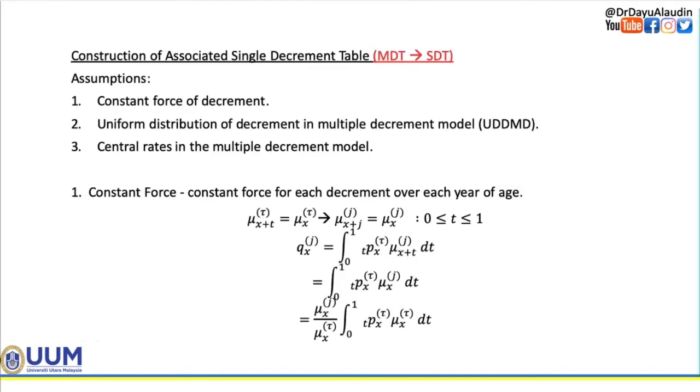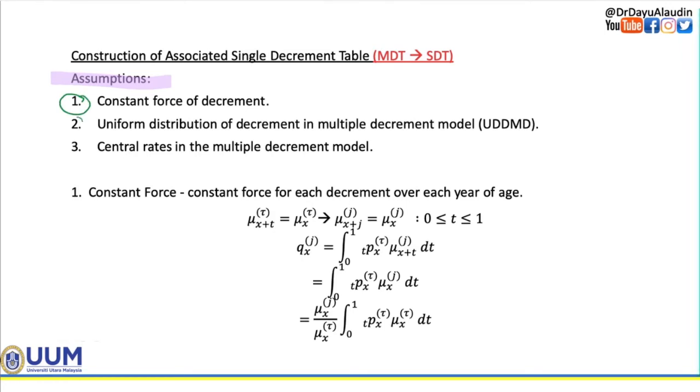Next section is the construction of the associated single decrement table, where we transform MDT to SDT. MDT is the multiple decrement table and SDT is the single decrement table. So there are some assumptions that we have to know. First is the constant force of decrement.